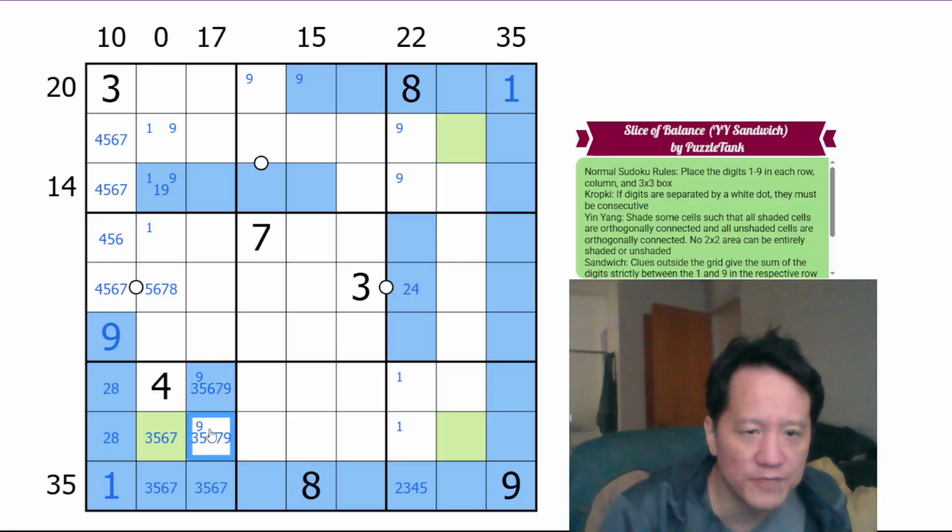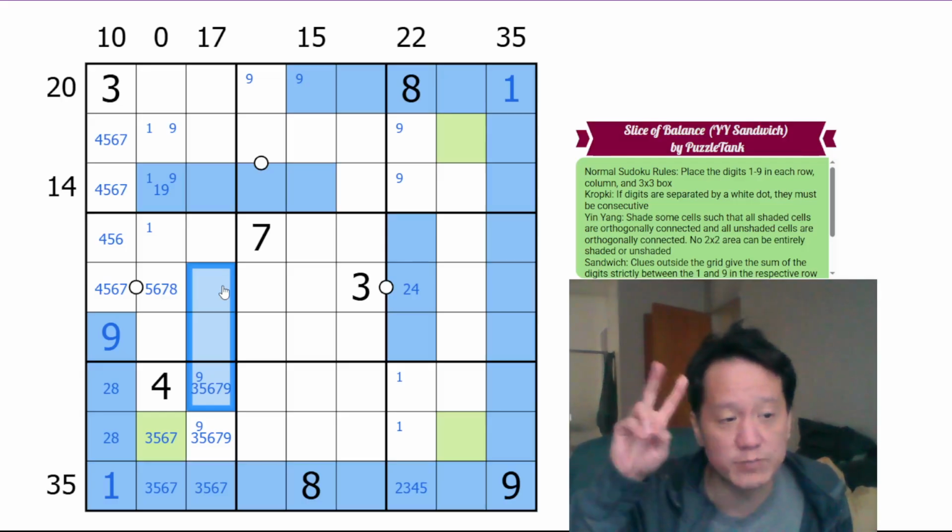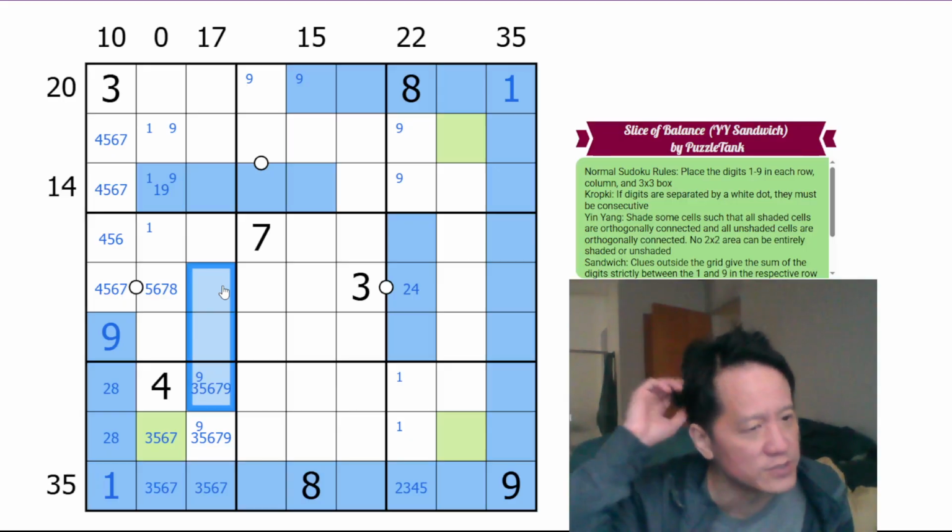If this is 9, you have at least 3 cells that must be shaded. So this must be shaded. So either it could be shaded here, 9, 1, 2, 3, right? Because 2 digits between a sandwich must be at most 7 plus 8, which is 15.